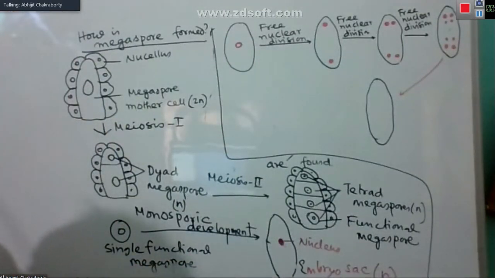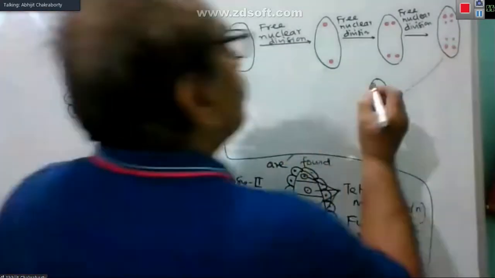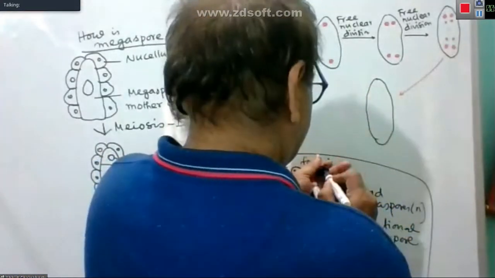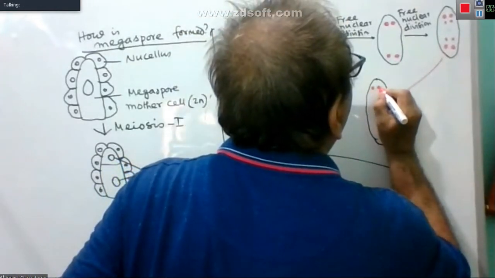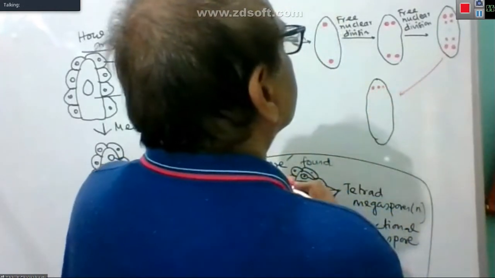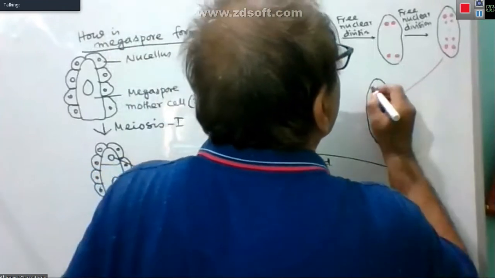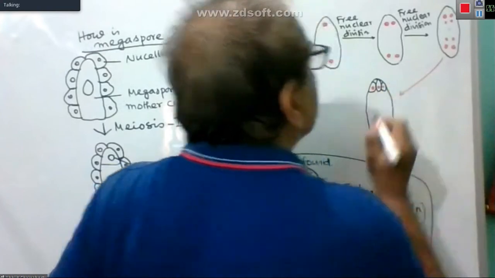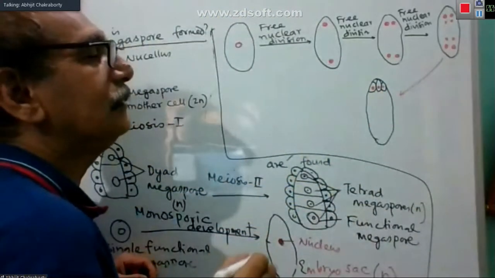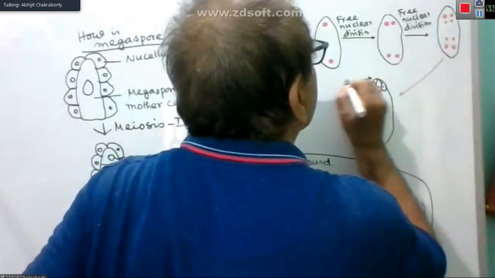There are two ends actually. Three cells are formed in the chalazal end. This is the chalazal end.